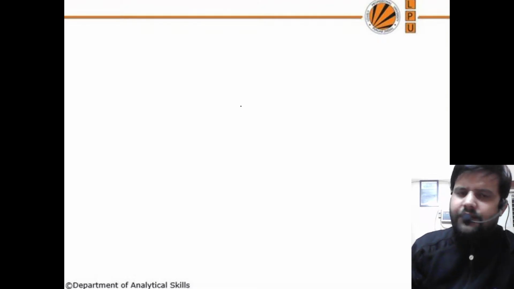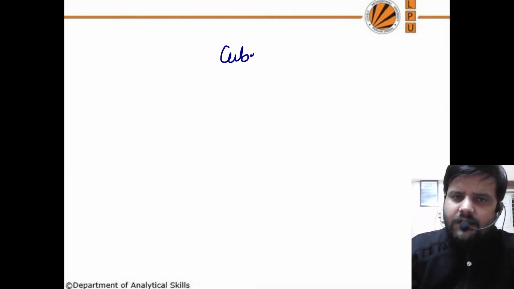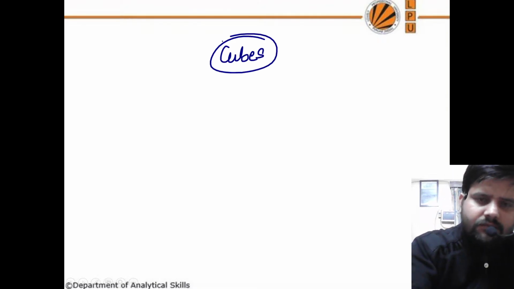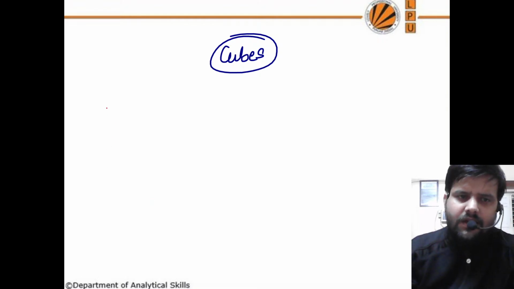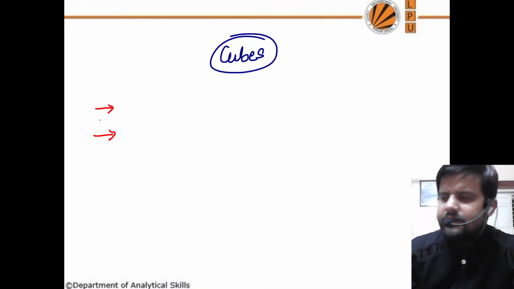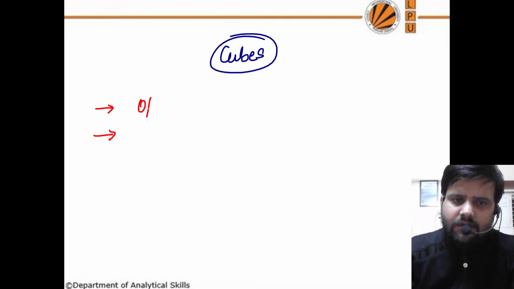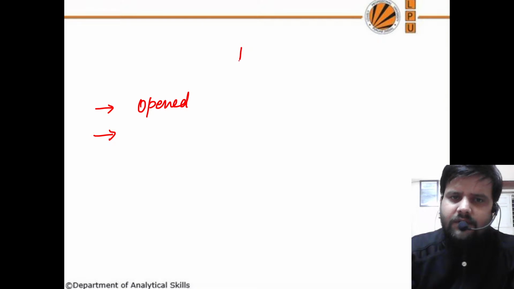Okay, let's start with cubes first. Let's start with cubes. Now there are two kinds of question which are generally asked in cubes. First is based on, sorry, not cube. It was a dice.